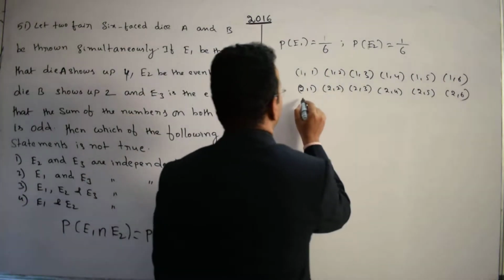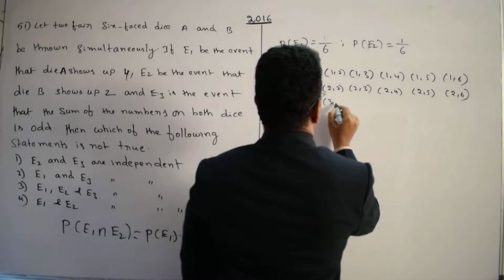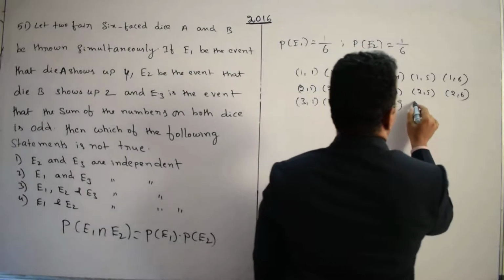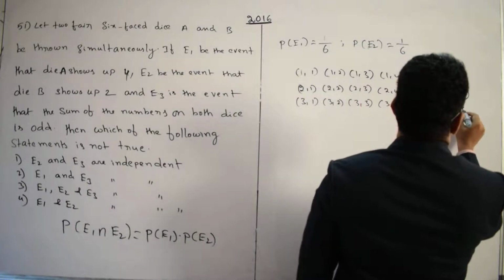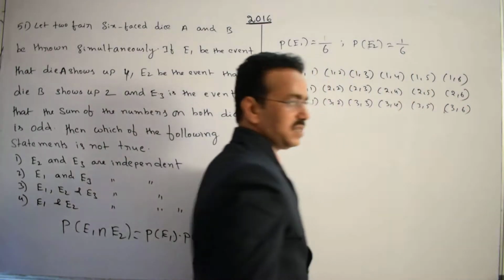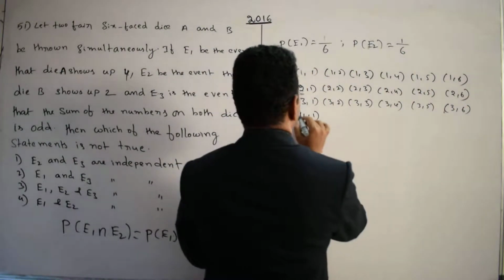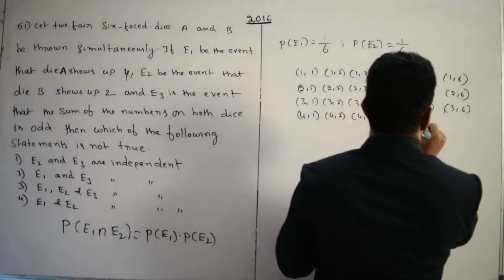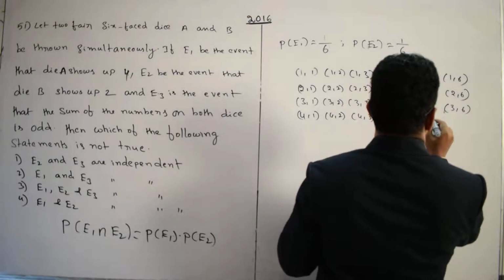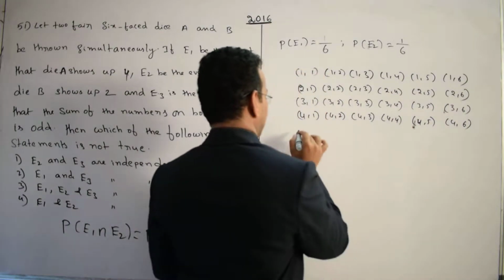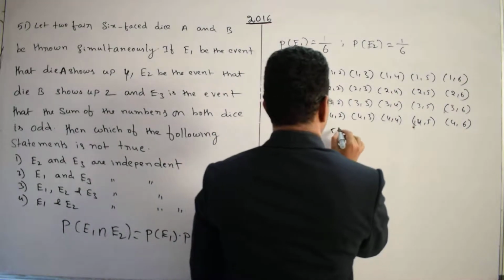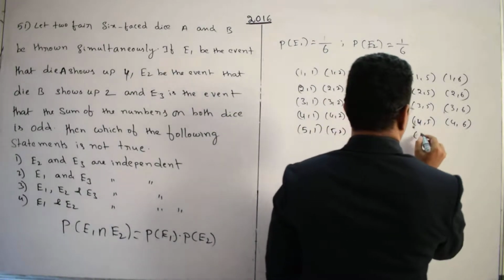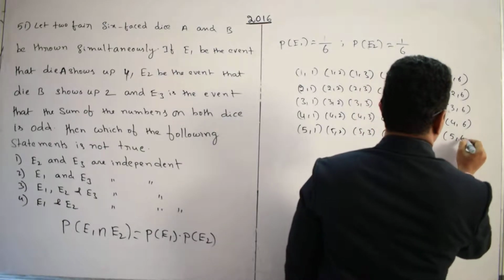And next 3 comma 1, 3 comma 2, next 3 comma 3, 3 comma 4, 3 comma 5, next 3 comma 6. Similarly, 4 1, 4 2, 4 3, 4 4, 4 5, 4 6, next 5 1, 5 2, 5 3, 5 4, 5 5, 5 6.